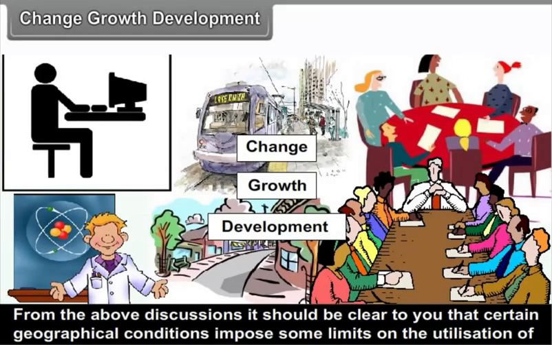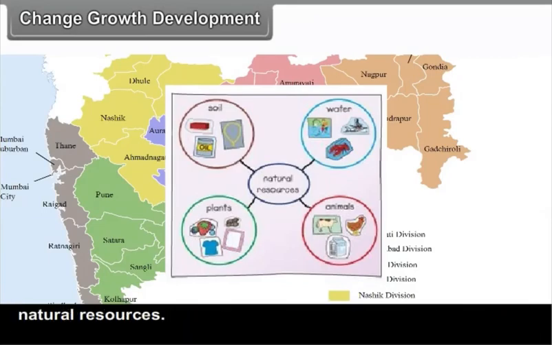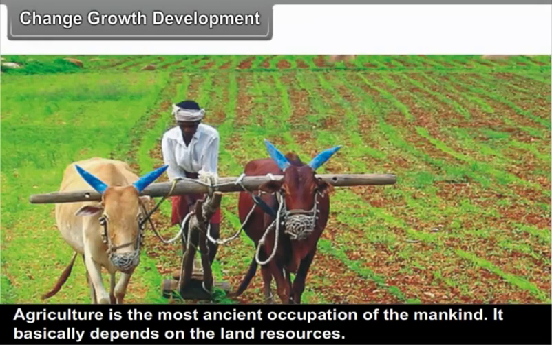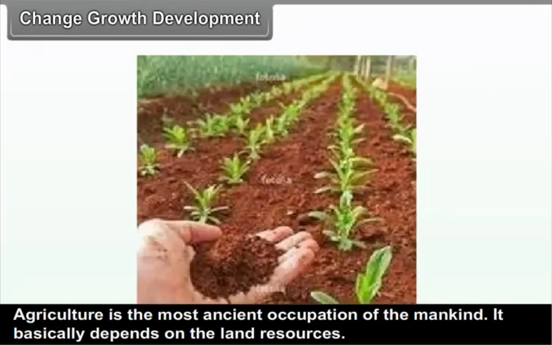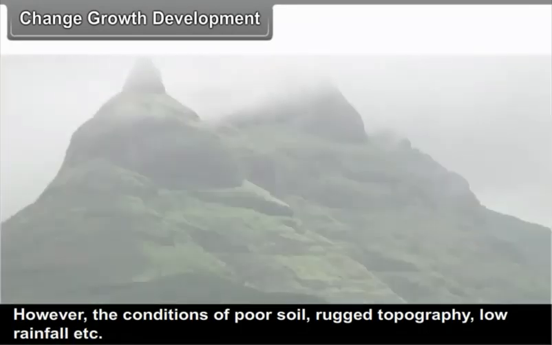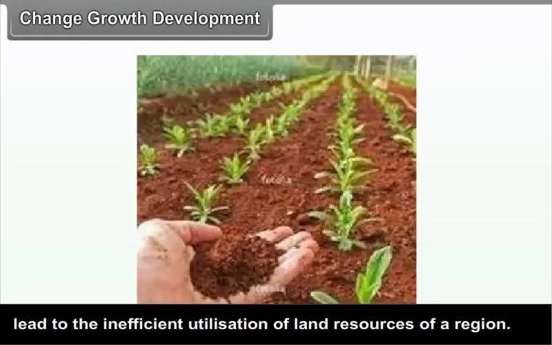From the above discussions, it should be clear to you that certain geographical conditions impose some limits on the utilization of natural resources. Agriculture is the most ancient occupation of mankind. It basically depends on land resources. However, conditions of poor soil, rugged topography, low rainfall, etc. lead to inefficient utilization of the land resources of a region.